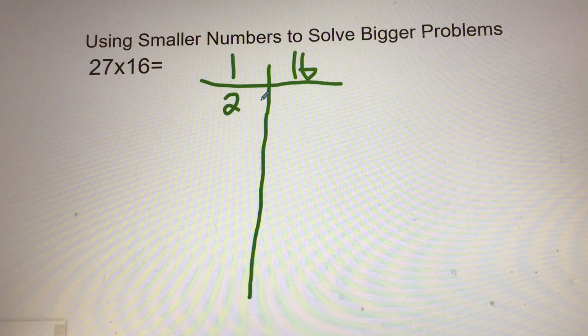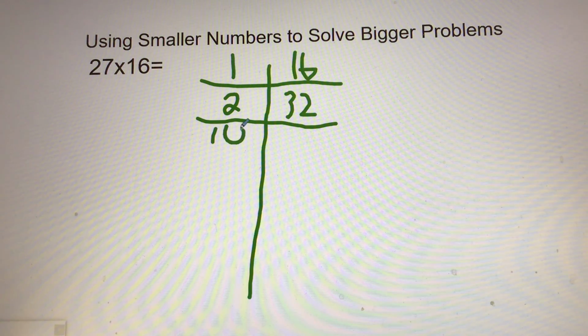And I know that 16 times 2 is 32. Okay, here is now where some people may make different jumps. All right, for me, I like to jump by tens. So I know that if 1 times 16 is 16, I know that 10 times 16 is 160.